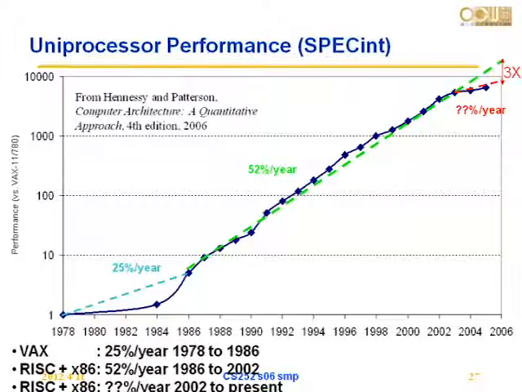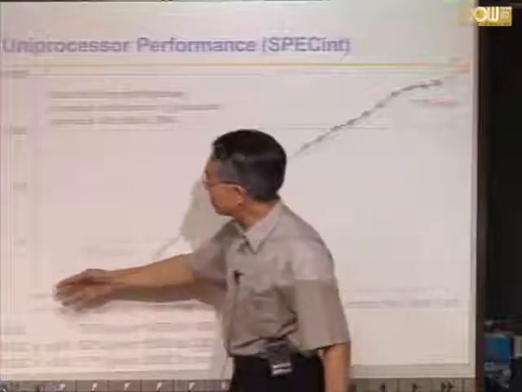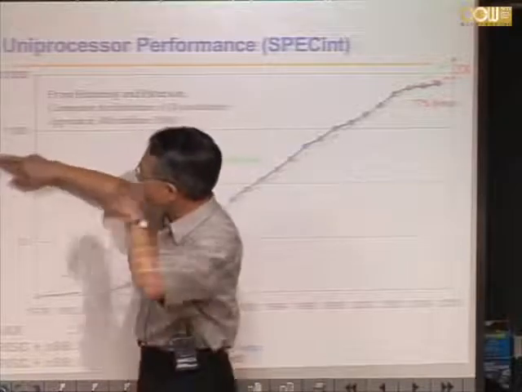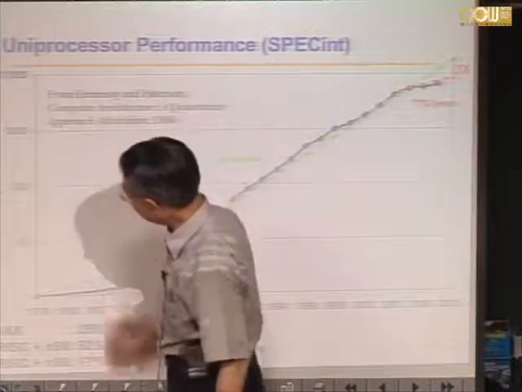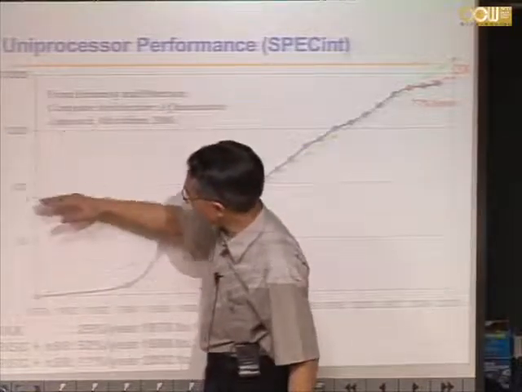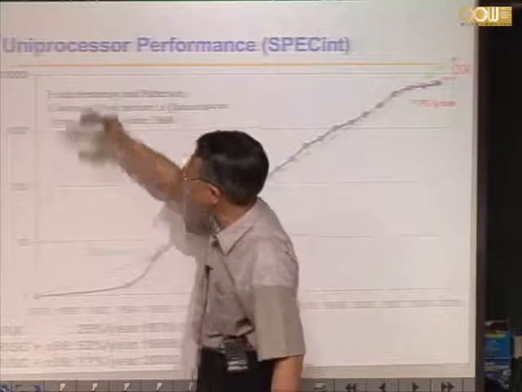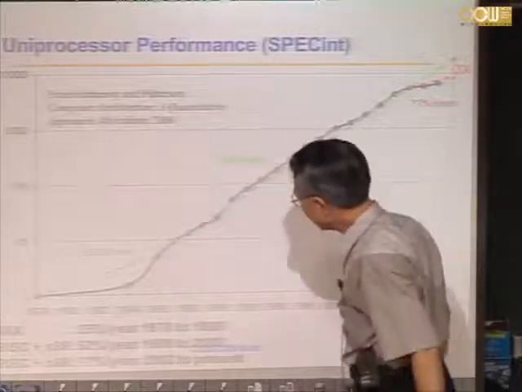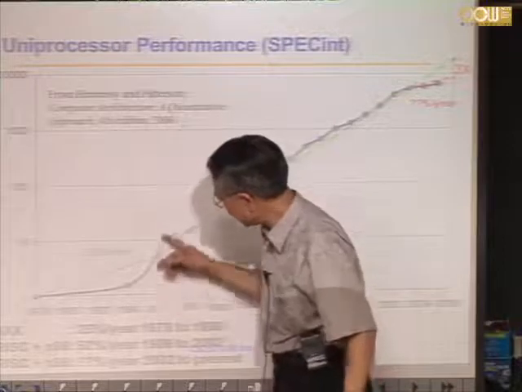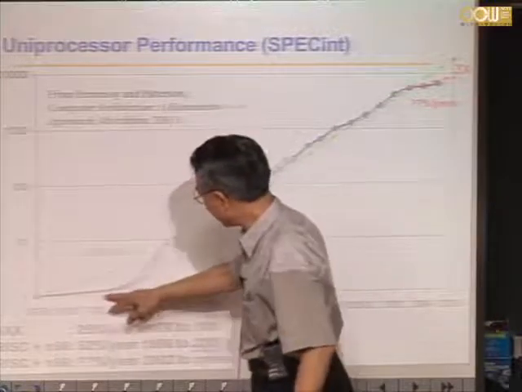Okay, now back to this diagram again. This is the year, and this is the performance relative to a reference machine in log scale: 10, 100, 10,000, and 100,000. Before 86, we have this kind of speedup.